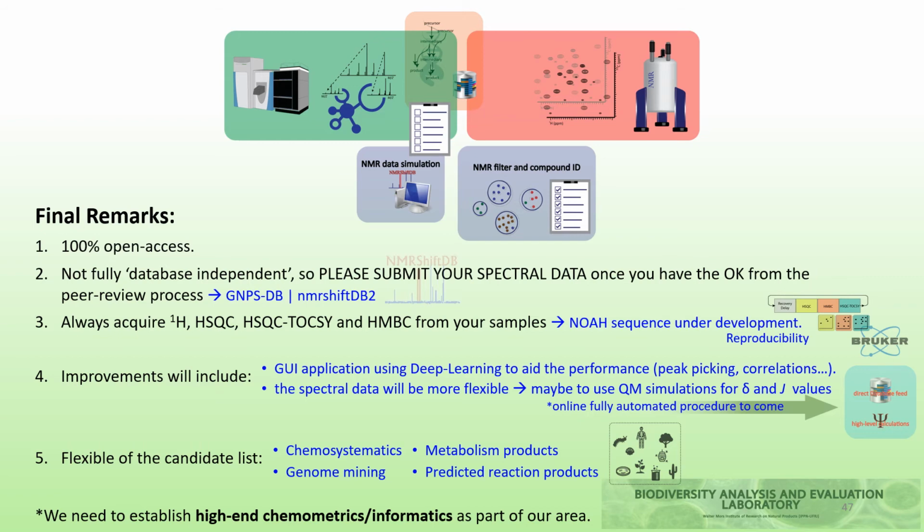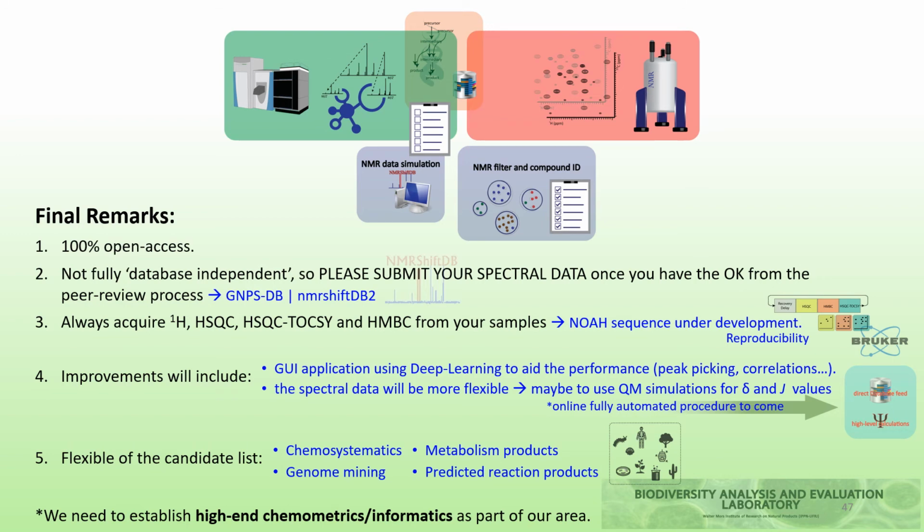And the spectral data for comparison, the one we predicted, will be made more flexible for people to be able to use, for example, quantum mechanical based simulations for the chemical shifts and J values. We are actually developing the idea of creating an online fully automated procedure for such QM simulations of chemical shifts and coupling constants as a spin-off of this project.